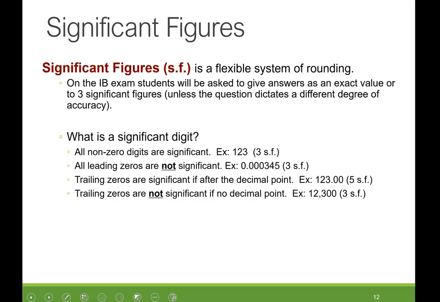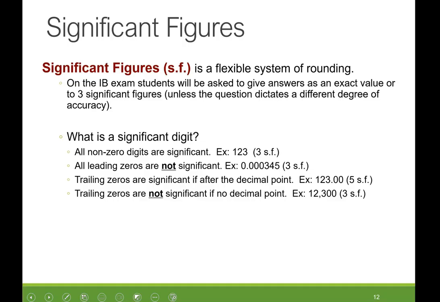So again, these are the sig fig rules. The nice part is, if we're talking about 3 sig figs as our standard, almost always it will just be 3 digits where I'm rounding to, and that's usually fairly easy.